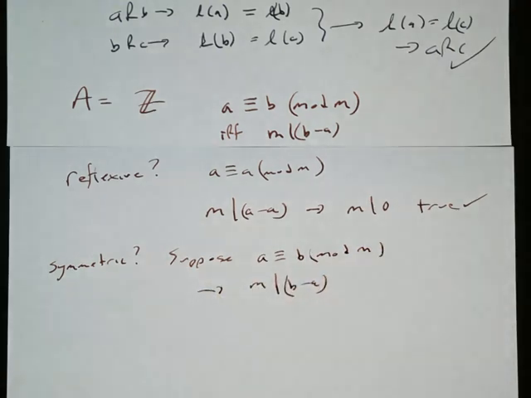That's our definition. If I tell you that a is congruent to b mod m, that means that m divides b minus a.